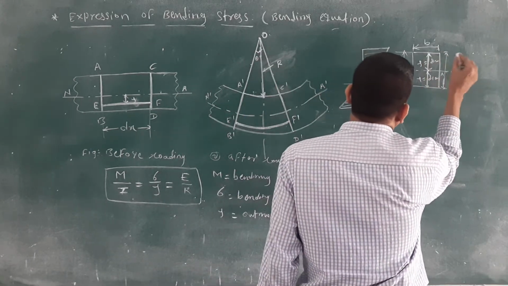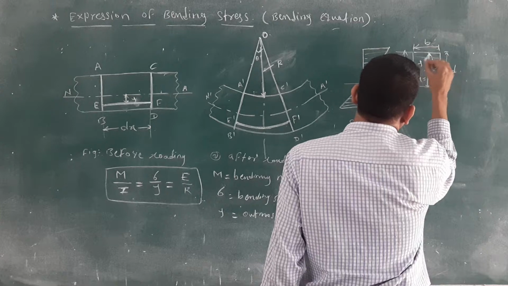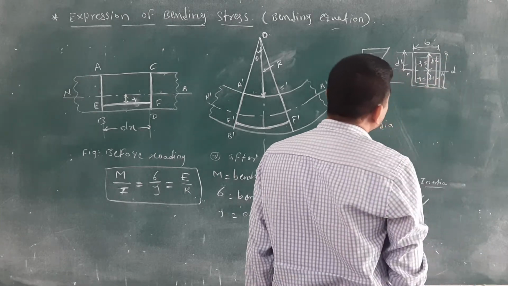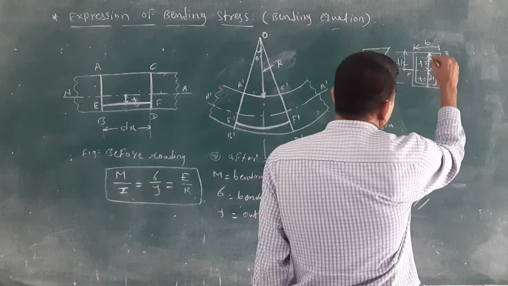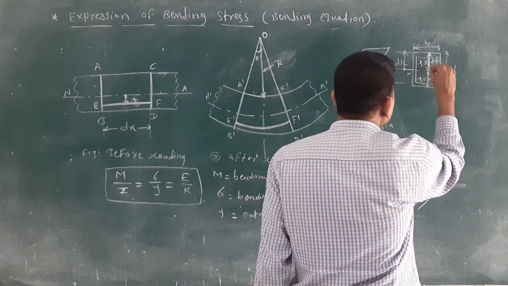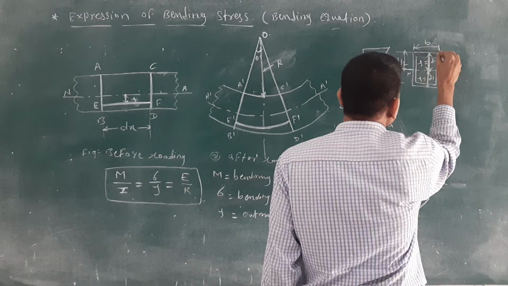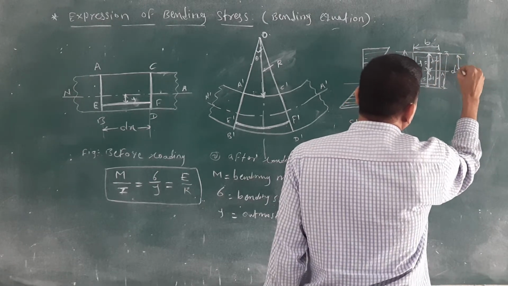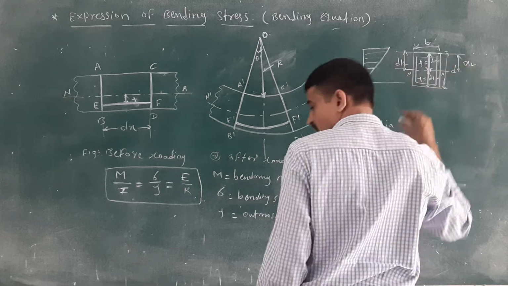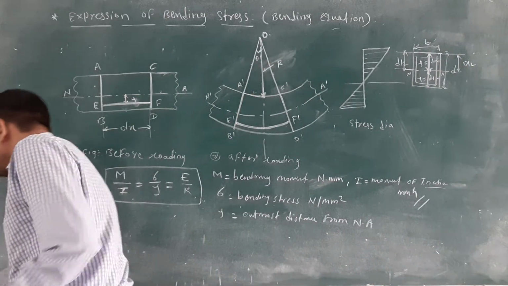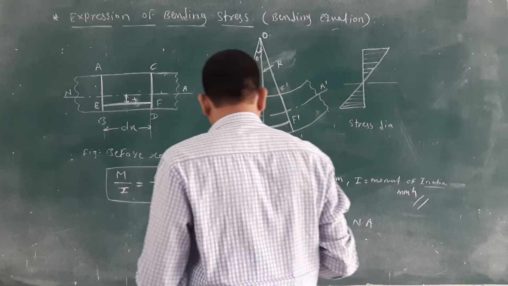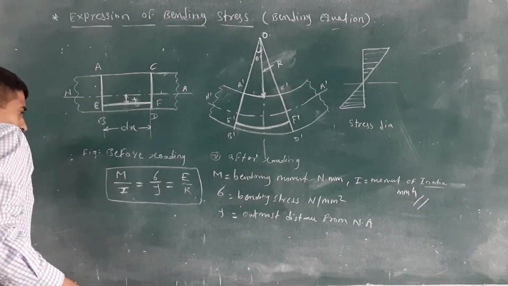Suppose here one more rectangular is given. You have to consider the outermost distance, this one, then capital D by 2 is there. I will explain this in the section modulus. Remember that.